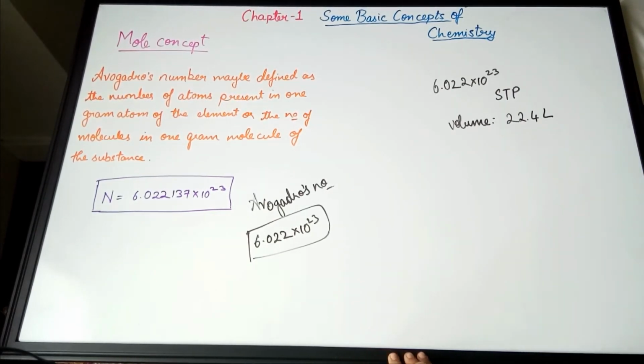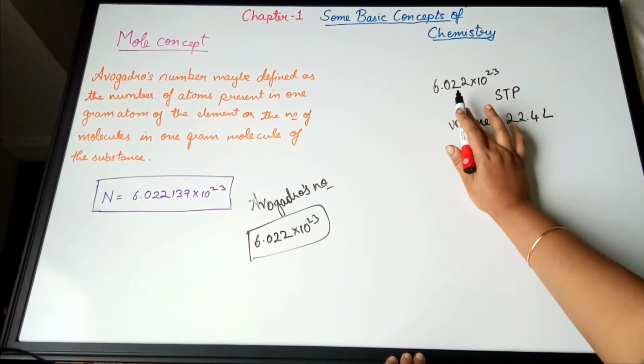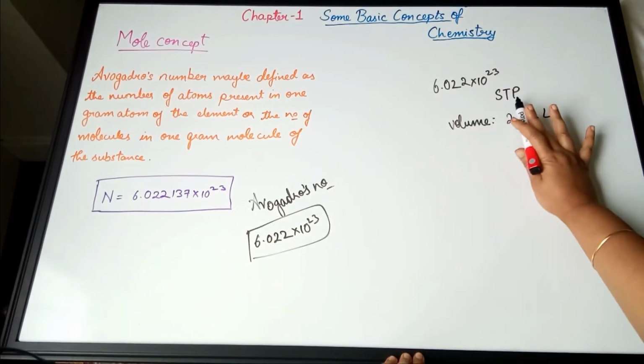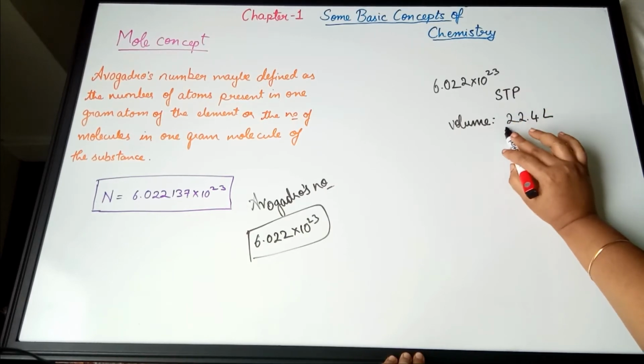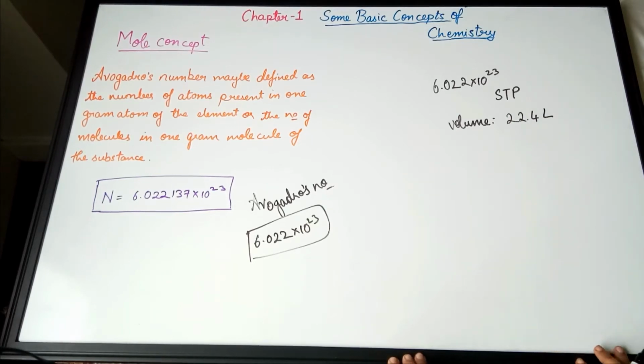So for two different gases at standard temperature and pressure with this many molecules, the volume of both gases is 22.4 liters. This was experimentally calculated, and this is also called molar volume.